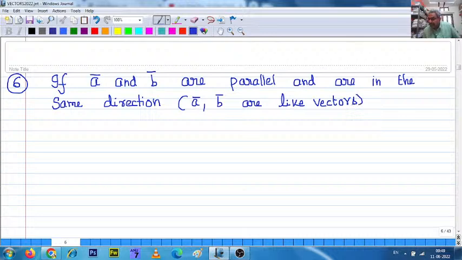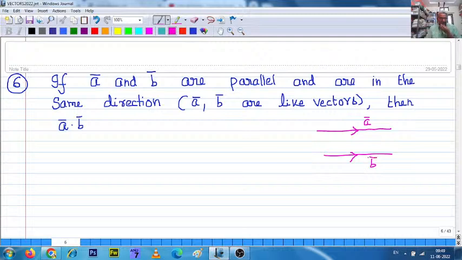Okay. Jyoti, welcome. Then what is a dot b? See, in this case the vectors are like this: parallel vectors, same direction. This is a bar, this is b bar.